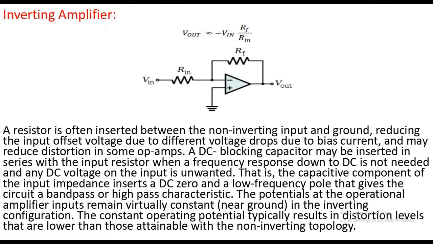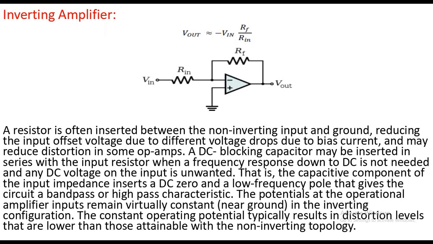That is the capacitive component of the input impedance. It inserts a DC zero and a low frequency pole that gives the circuit a band pass or high pass characteristic. The potential at the operational amplifier input remains virtually constant, that is near the ground, in the inverting configuration. The constant operating potential typically results in distortion levels that are lower than those attainable with the non-inverting topology.